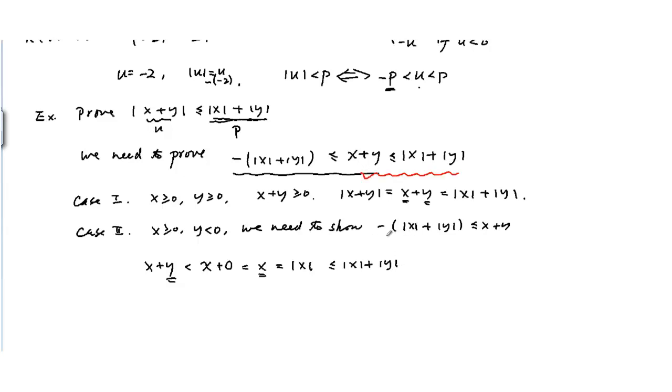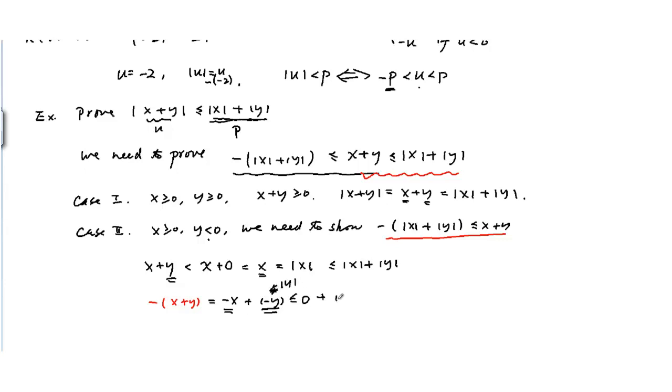To show the other part, let's look at negative x plus y. Taking the distribution of the negative, you get negative x plus negative y. Because x is positive, negative x is less than 0. And because y is negative, negative y is equal to the absolute value of y.